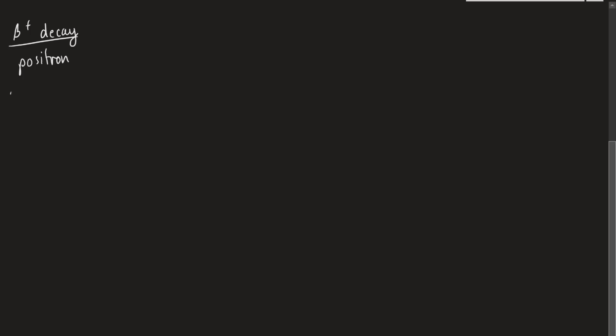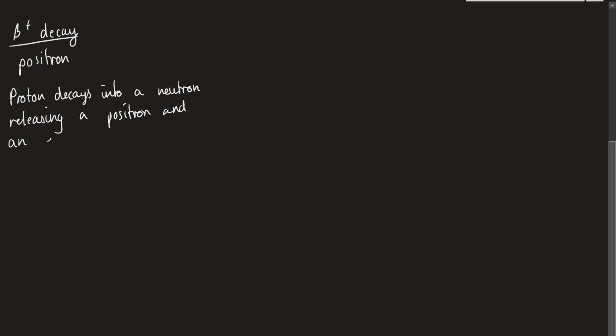And what's happening is a proton decays into a neutron, releasing a positron and an electron neutrino.